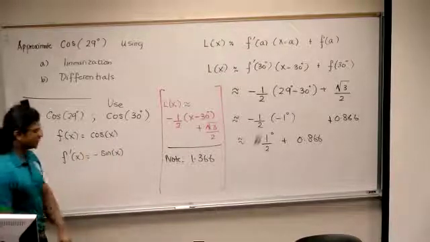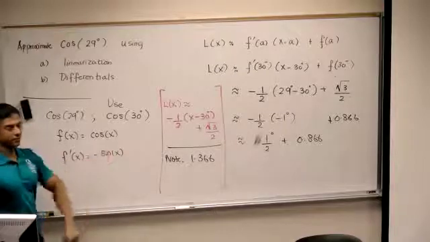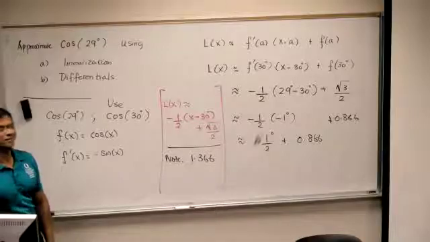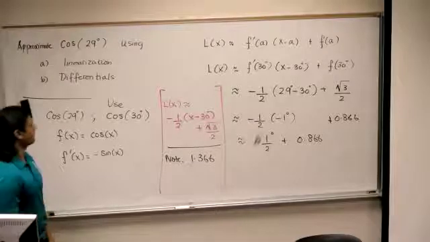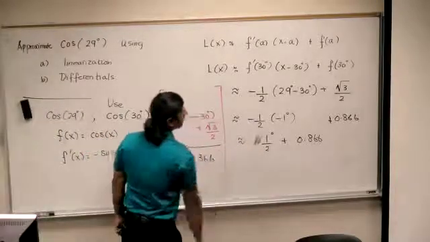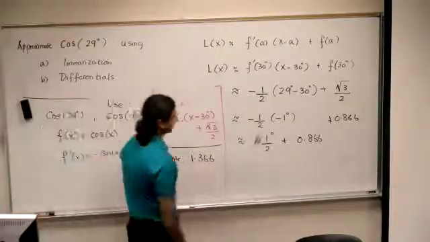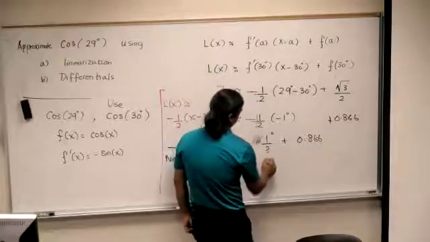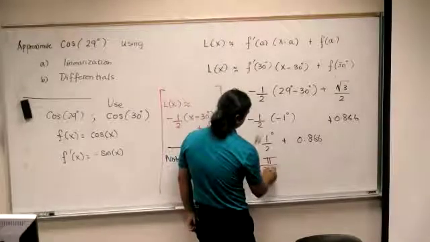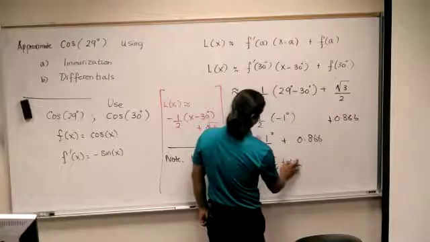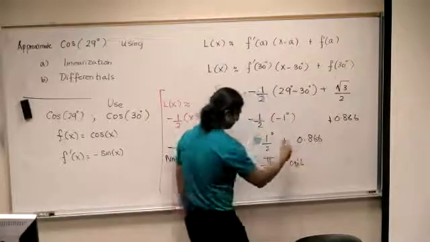So how do you convert degrees to radians? Is it 180 over pi or pi over 180? Pi over 180. Multiply this by pi over 180. What do you get? Pi over 360 degrees, the degrees will get cancelled.